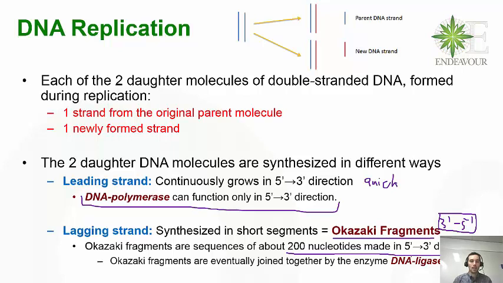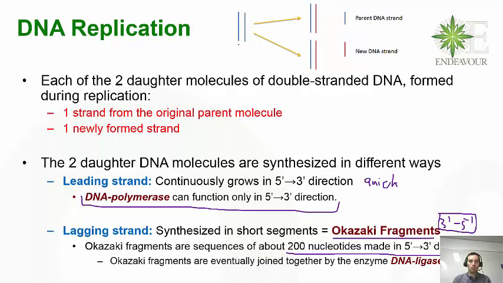So the lagging strand is not continuous. We have to make the new strand in short fragments, whereas the leading strand can be made quickly and there's no delay. So that's the difference between the leading strand and the lagging strand. When we finally have made our new DNA, we can see here what's happened.